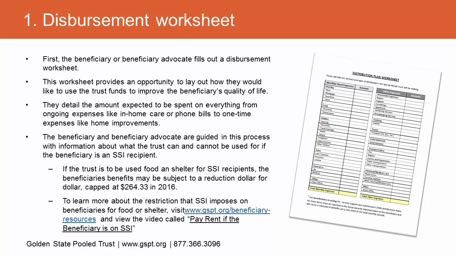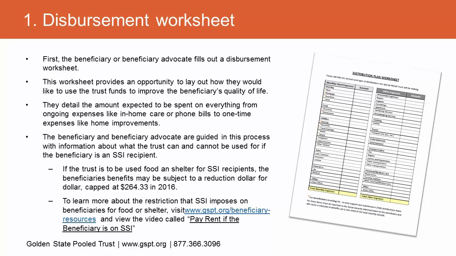So, as you probably know, if the trust is to be used for food and shelter for SSI recipients, the beneficiary's benefits may be subject to a reduction dollar for dollar, capped at $264.33 in 2016. So that might be a strategic decision that everyone decides to make, but it's one that everyone should go into with their eyes open.